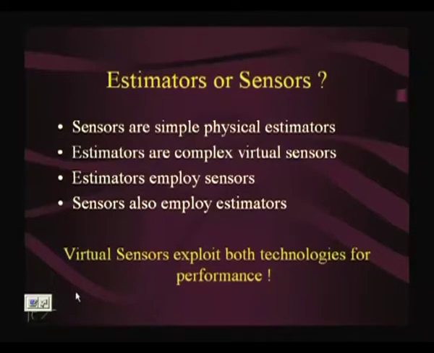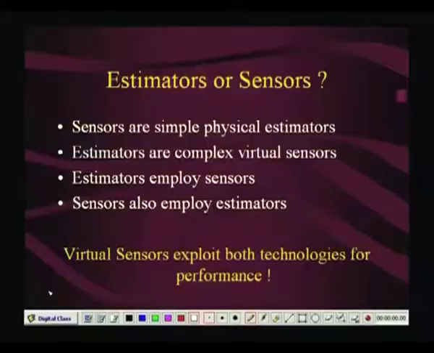So, the question is this: now that we understand estimation, we know that estimation is basically the computation of one quantity from another quantity using a model. So, aren't sensors very rudimentary estimators? For example, sensors are simple physical estimators.